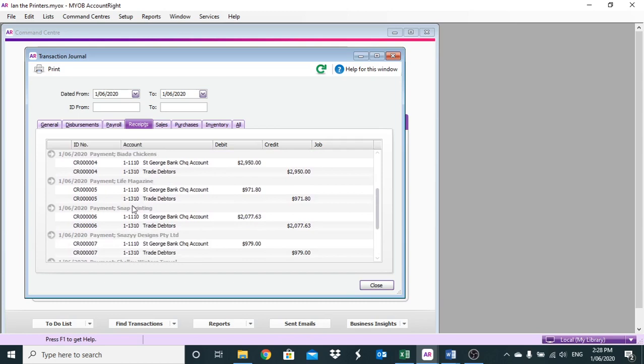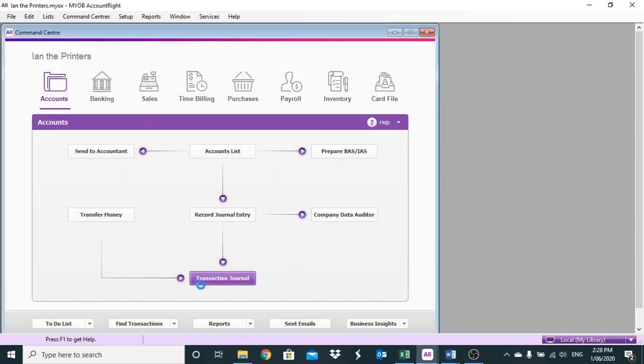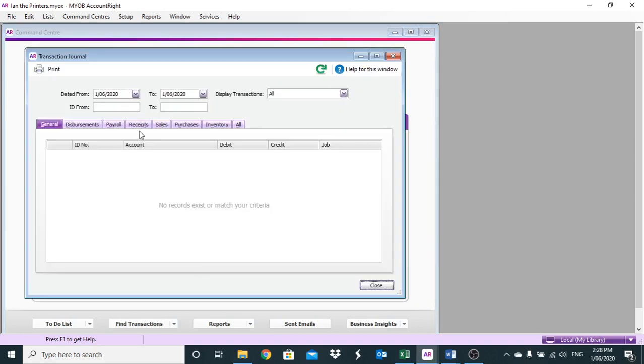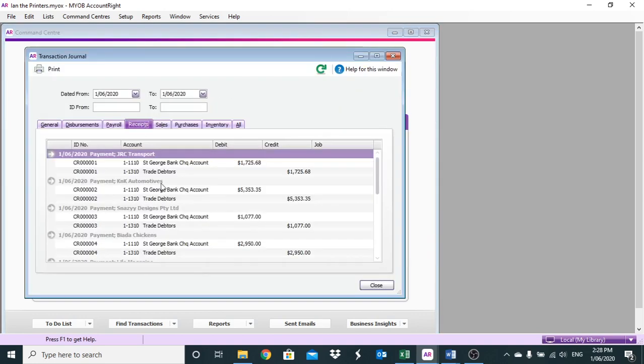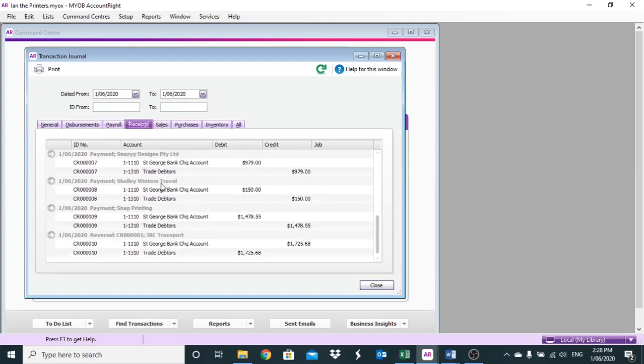This is what I'm looking for now. Closed that and I just refreshed it. Here it is now. So this tells you that that invoice has been reversed, and there's the debits and credits, which is what I wanted to see, which is good.